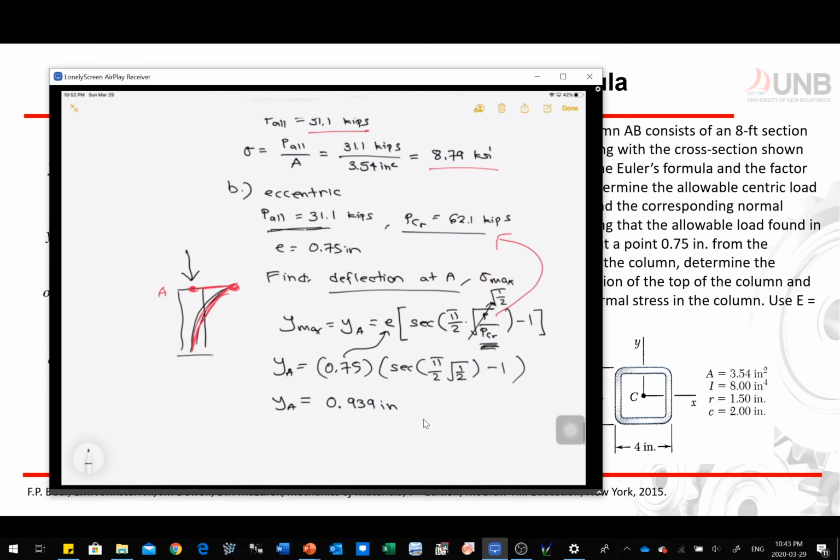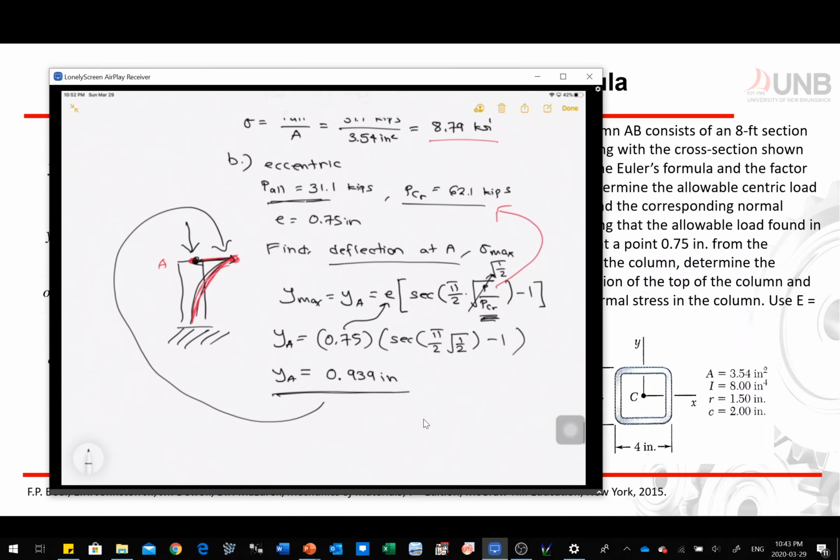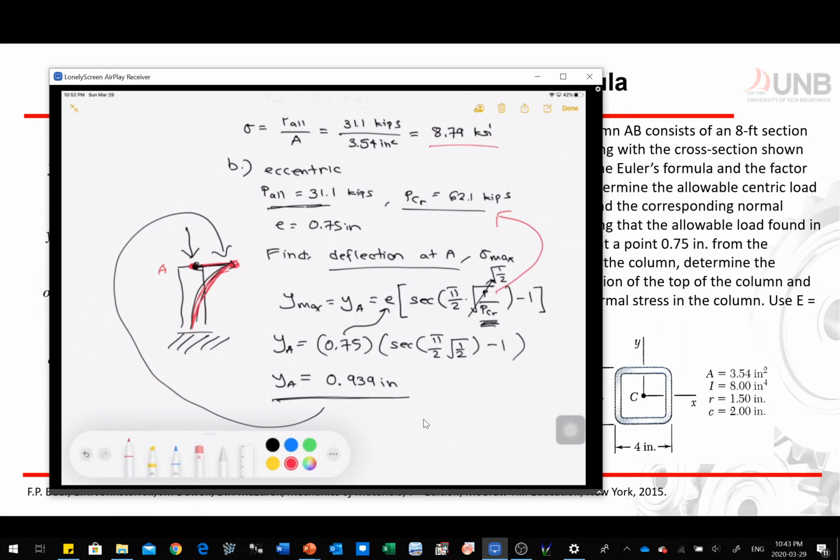And again, this 0.939 inch is this deflection right here. Again, this is free at the top, and this is the fixed support right here. And that's the deflection at A, and that's your y max. So now we are done with deflection at A.